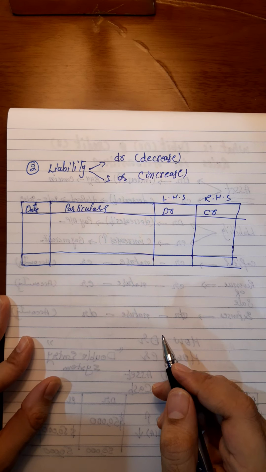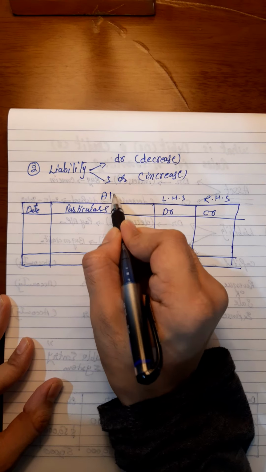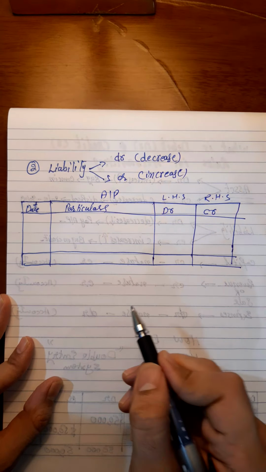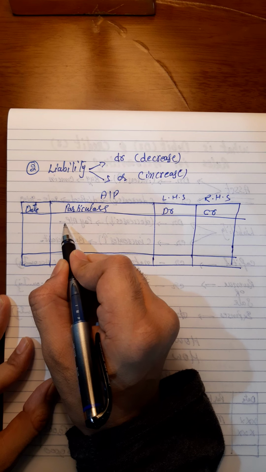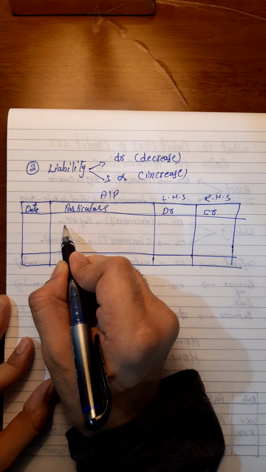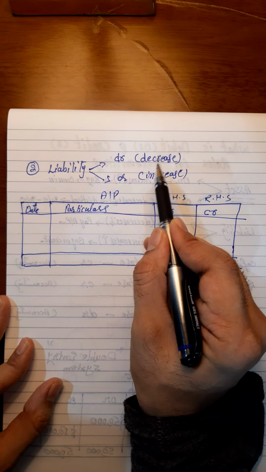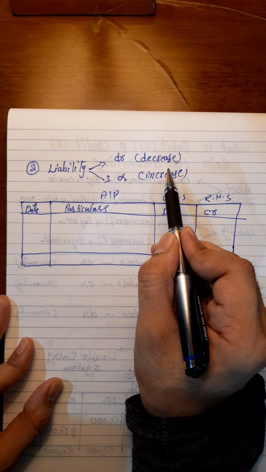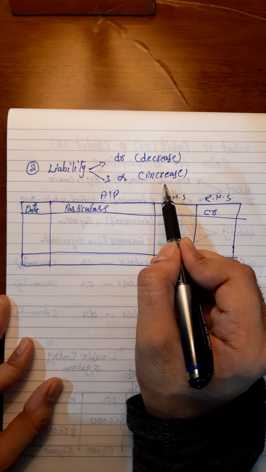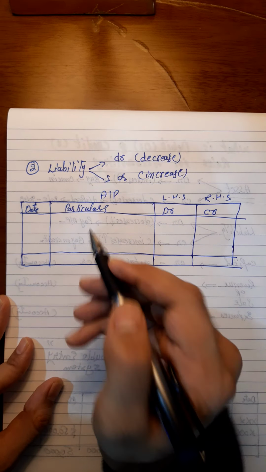For example, we purchase on credit; this is our account payable liability. So our liability will increase, and when our liability increases, it will credit.